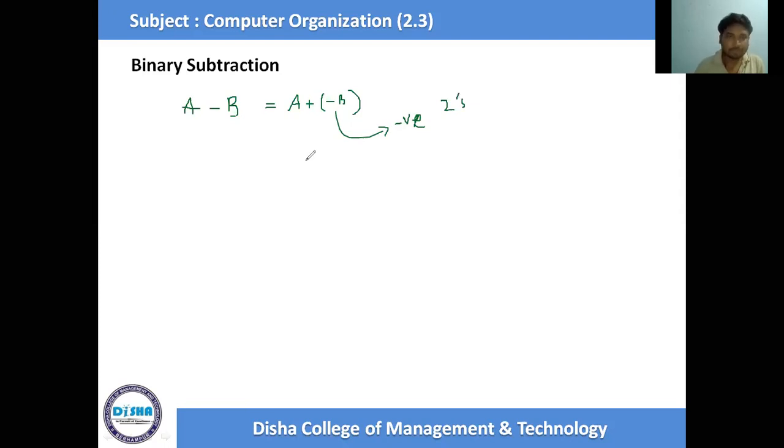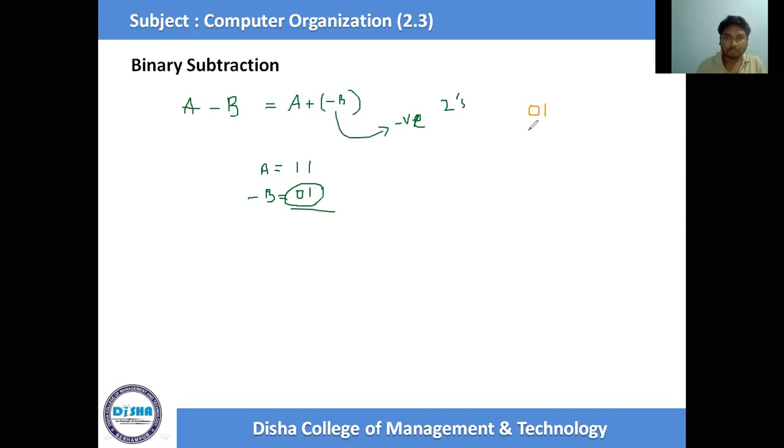Say for example the number A is 1 1, and I have another number B, which is 0 1. I have to do the subtraction. So this B value should be written in 2's complement form. Here 0 1 is my value.